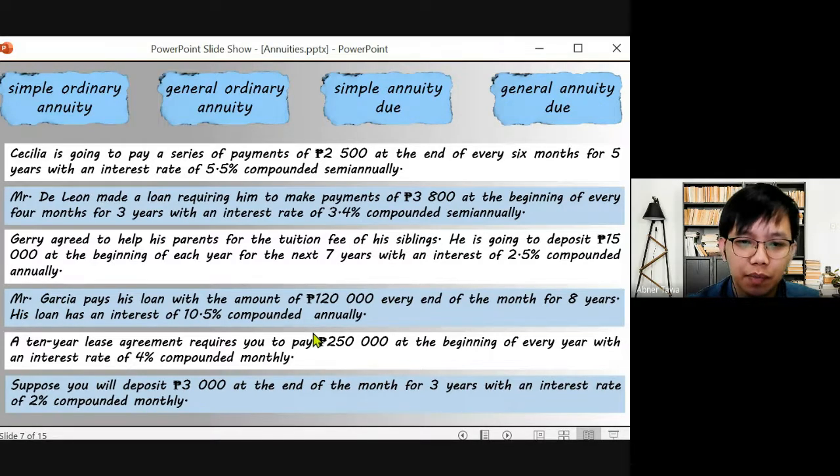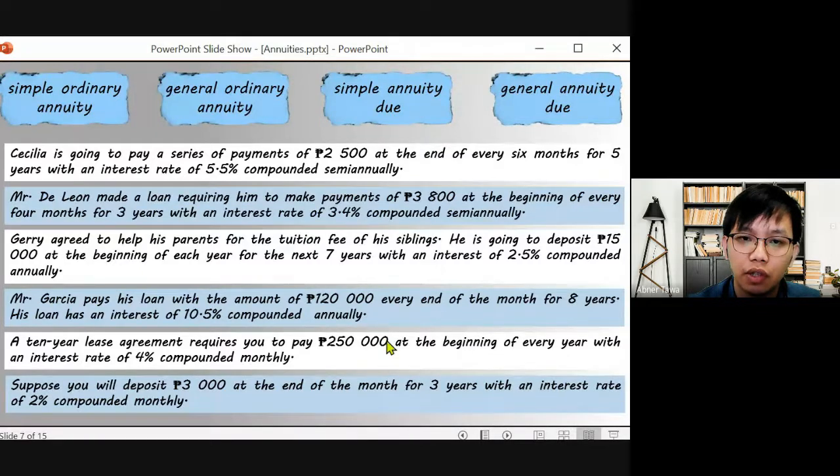Okay, let's check. So for number 5, since may dalawang sagot tayo, let's compare first yung payment interval sa interest period. So ang payment interval is every year, and then the interest period is monthly. Therefore, pag hindi parehas ang payment interval against interest period, it is general.